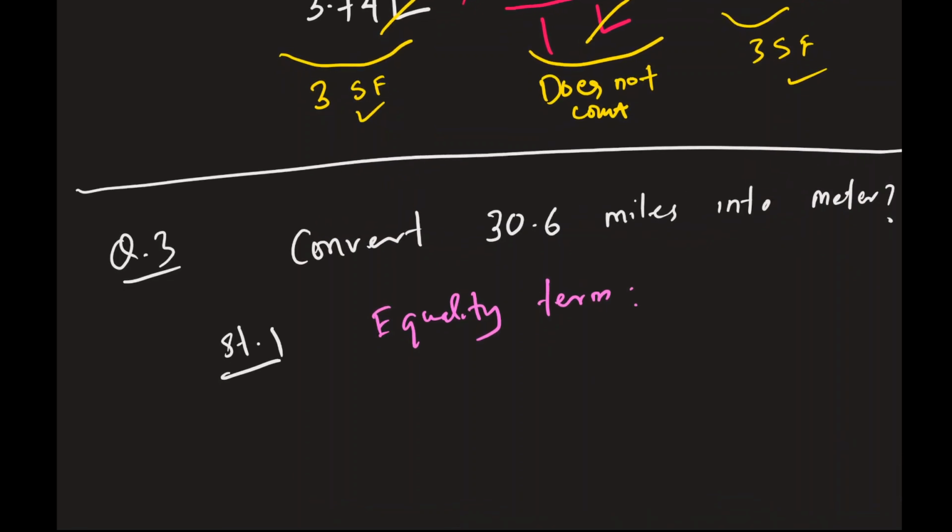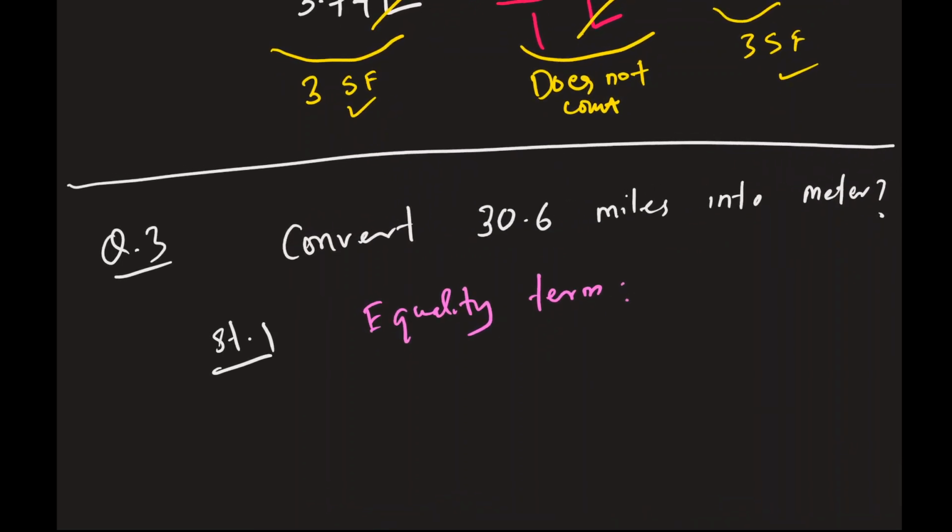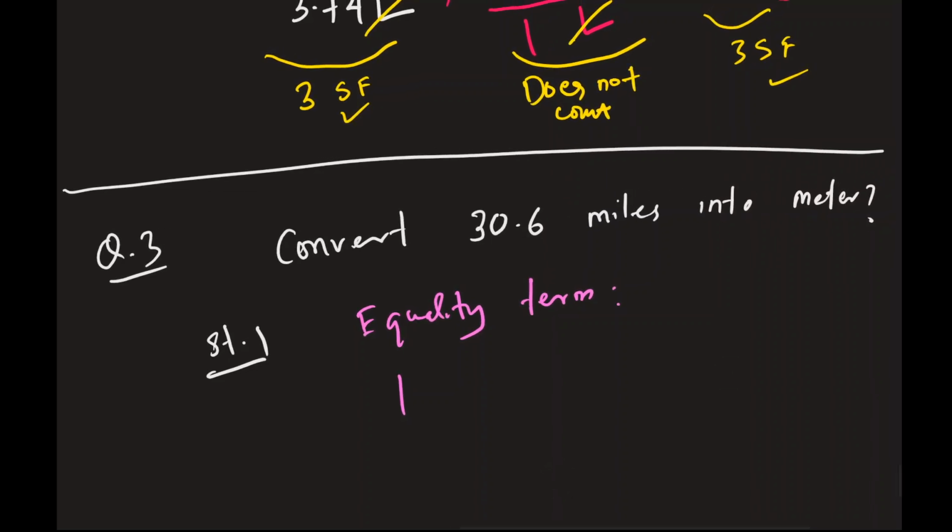You can find the equality term from the book. So I'm just going to put the number here. If I were to ask this question in the exam, I would be giving you the equality term, so you don't have to memorize, guys. So the equality term would be 1 kilometer equals 0.621 miles.